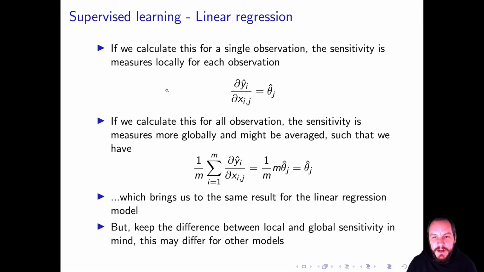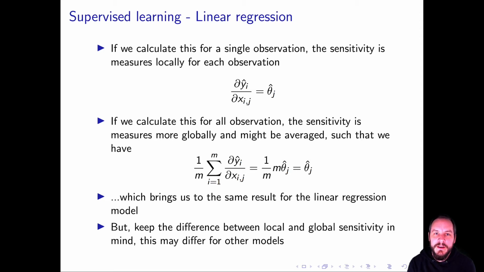And if we just do this for a single observation, given by i here, then this is what we would say is a local perspective. Local because it is only at this data point.